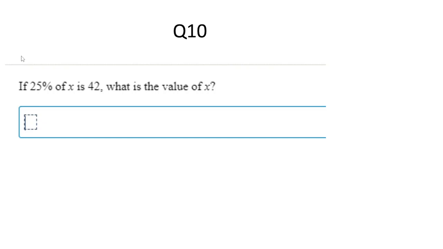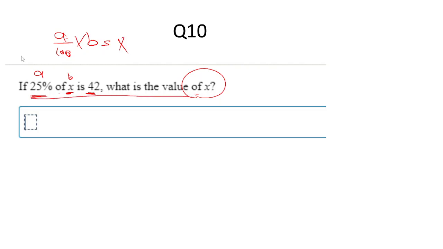Now let's move to question number 10. Same thing, I will apply the equation. Now, if 25%, which is A, of X, the full amount B, is 42, what is the value of X? It's the same as the first question, by the way. 25 over 100 X equals 42.